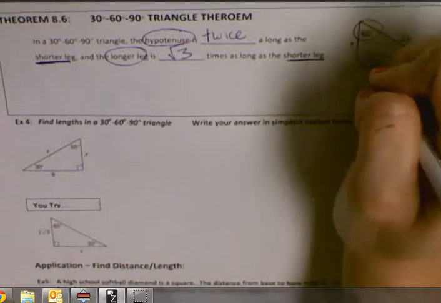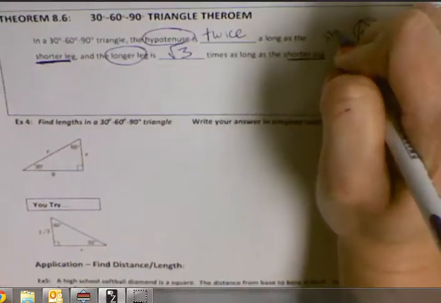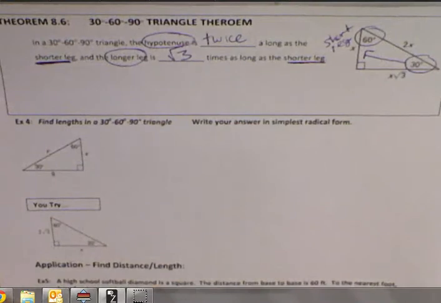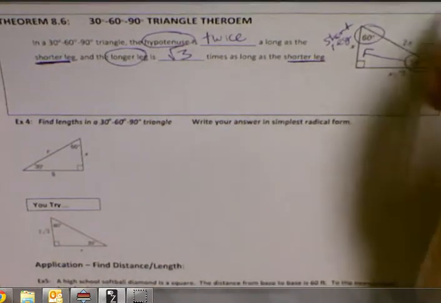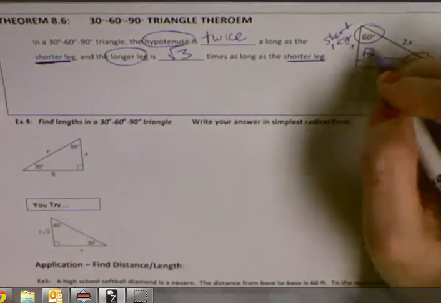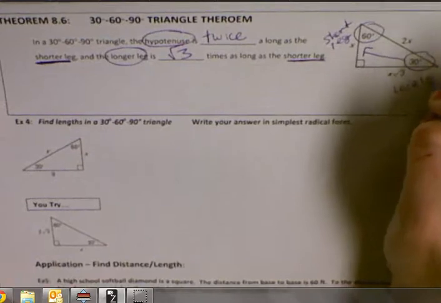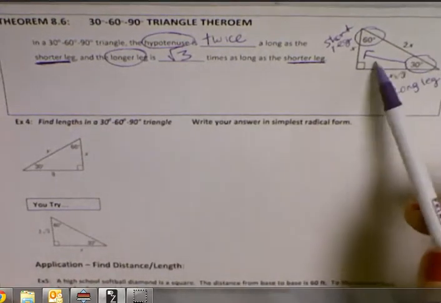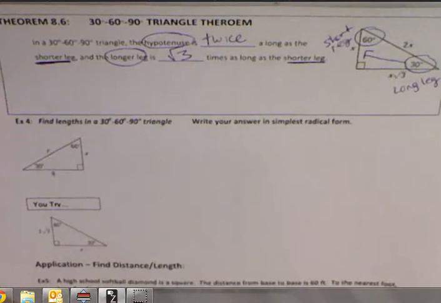So since 30 is the smallest angle, across from that is going to be your short leg. Your 60 is the bigger angle, so you're going to have your long leg across from your 60-degree angle. And your hypotenuse, as always, is across from your right angle.